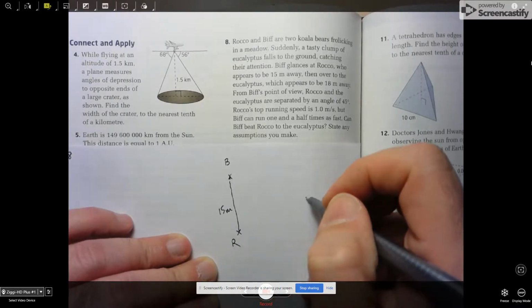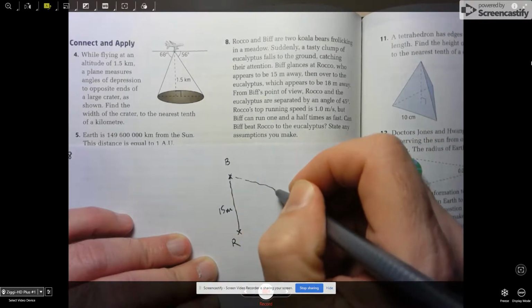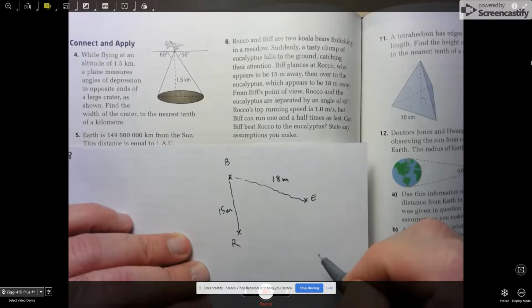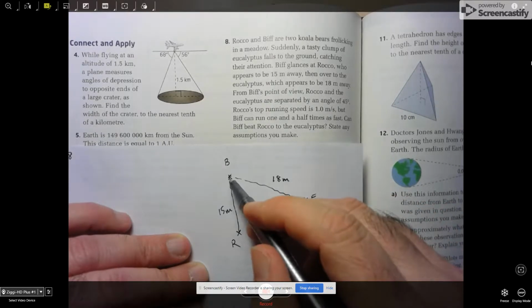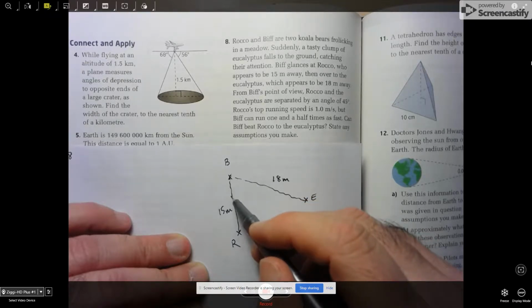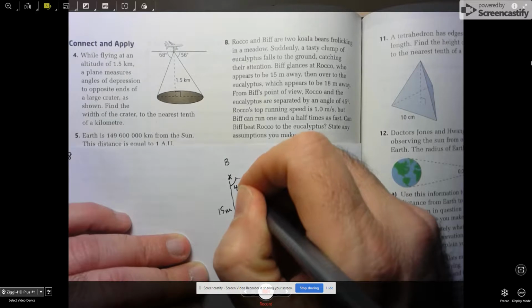So make it a little longer. So there's the eucalyptus, and that distance there is about 18 meters. All right. And then it says that from Biff's point of view, Rocco and the eucalyptus are separated by an angle of 45 degrees. So from this perspective, the angle heading towards the other koala and the piece of eucalyptus is 45 degrees.